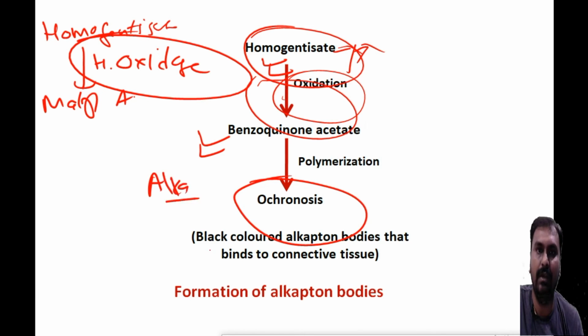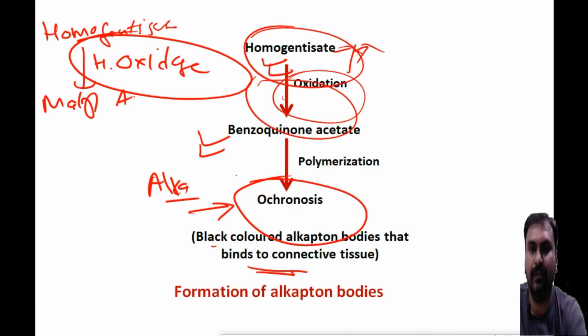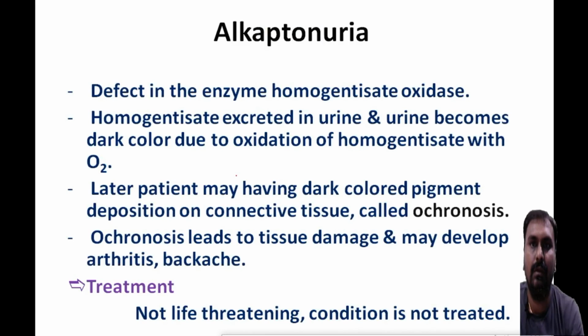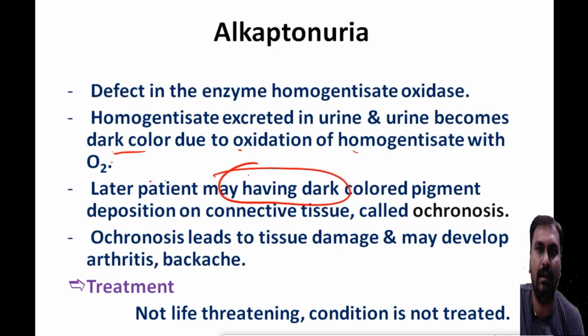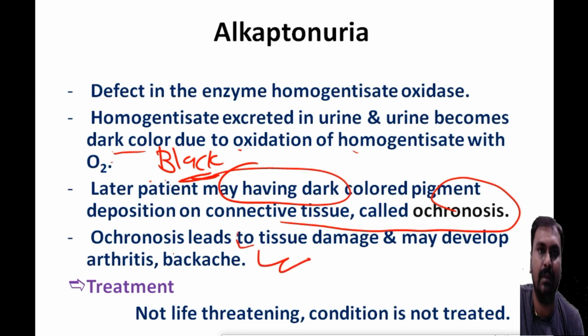Accumulation of alkapton bodies in the connective tissue is called ochronosis. Okay. So homogentisate oxidase deficiency will lead to black color urine. Dark black color urine is typical of alkaptonuria. Ochronosis will cause tissue damage, arthritis and backache. Not life-threatening, but the condition is not treated.